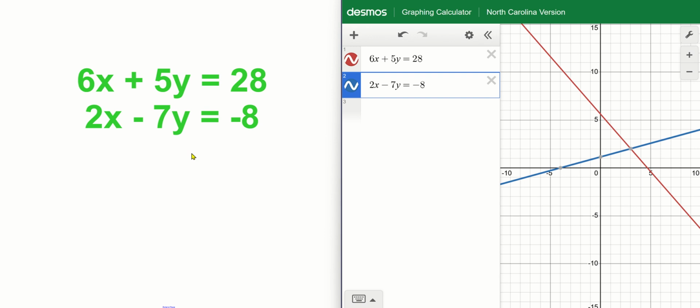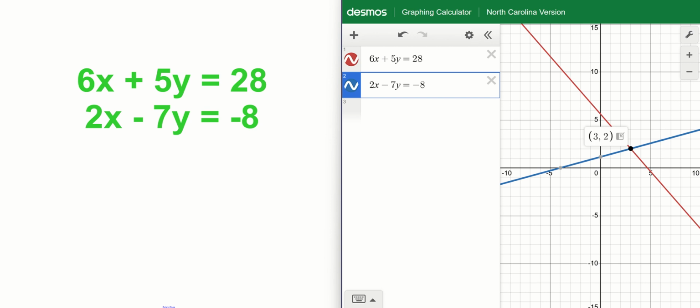Each equation needs to be put on a separate line. What we end up getting are two lines graphed, and they will intersect. Where they intersect is our solution.